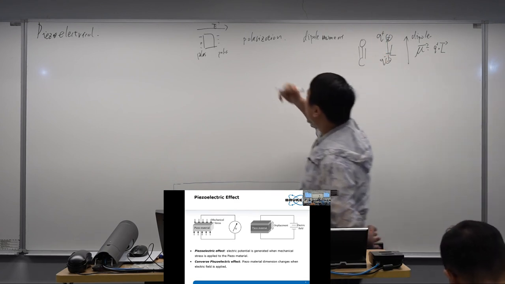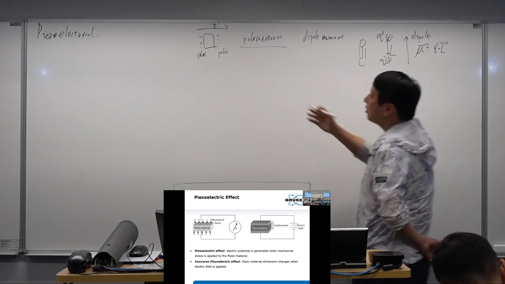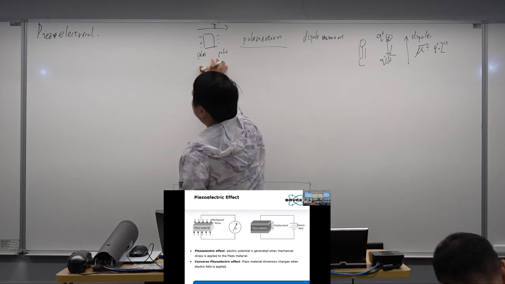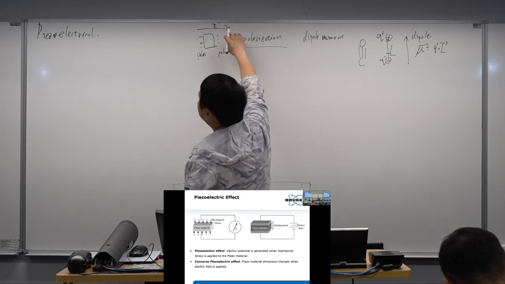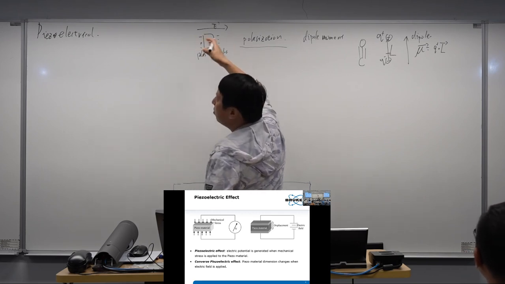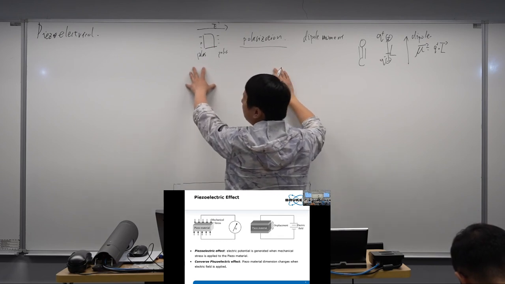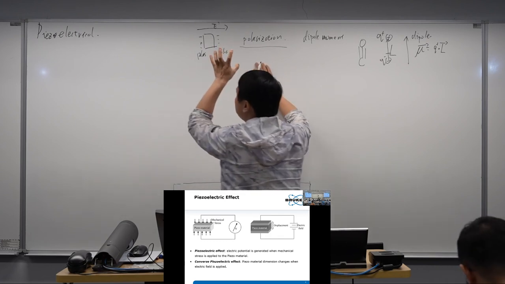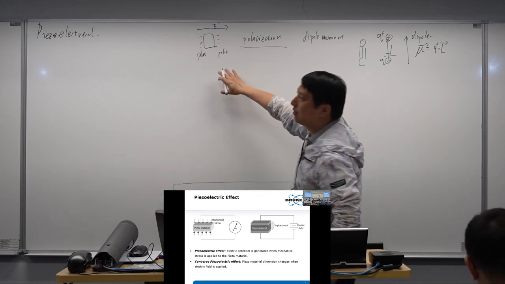Now we want to describe the polarization. If we place a material inside the electric field, the electric field will polarize these materials to make it two poles. So how can we describe this polarization status?